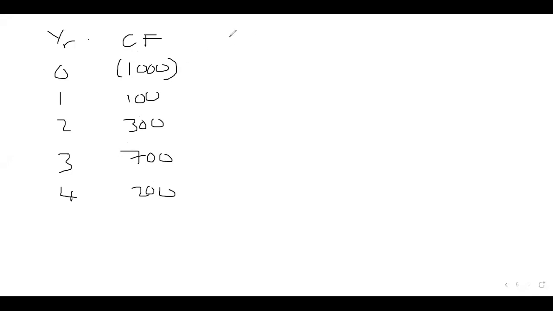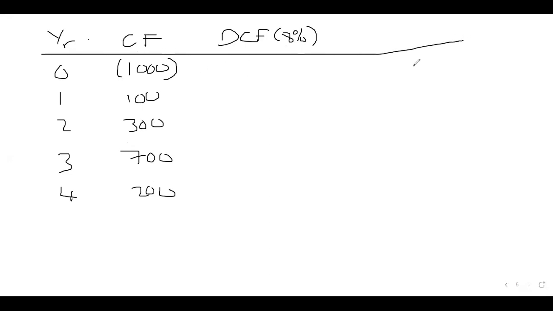Then we have the discount factor. You can be given any discount factor. Let's use 8%. That is the cost of capital. Suppose the question gave us 8%. All right, so we want to have the present value.